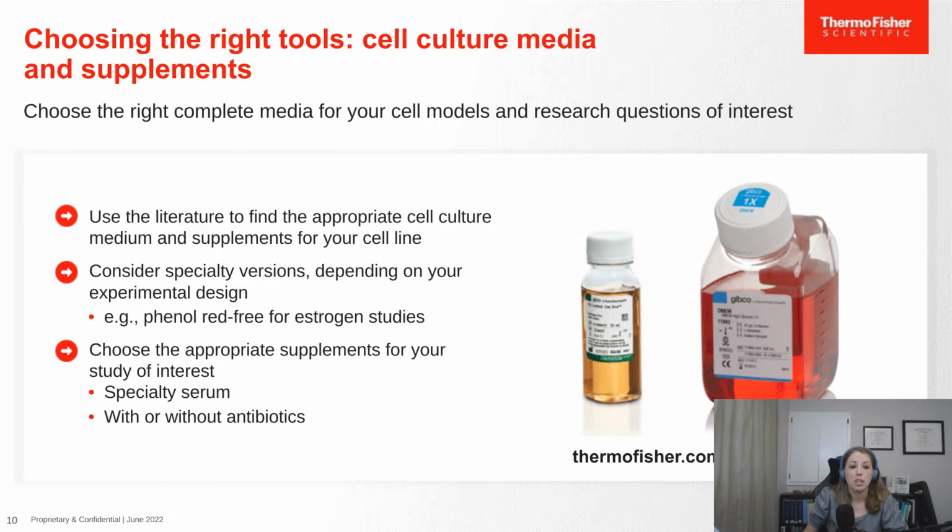For instance, if you are utilizing estrogen receptor positive breast cancer cell lines, you may want to use phenol red free basal medium, since phenol red is a weak estrogen mimic. Similarly, a specialty fetal bovine serum, namely charcoal stripped FBS, which has been treated to remove hormones, may also be useful for estrogen related studies.